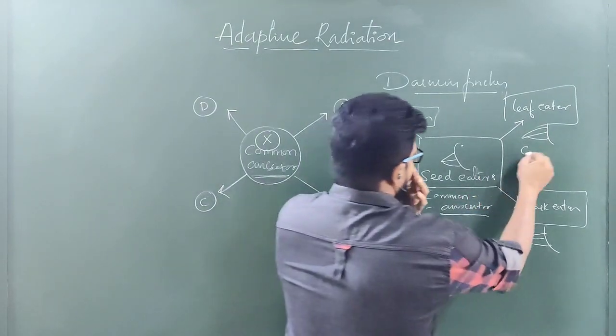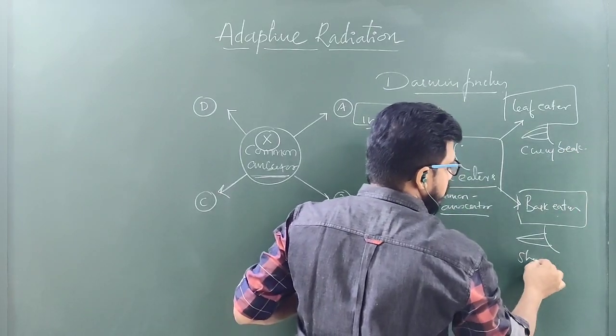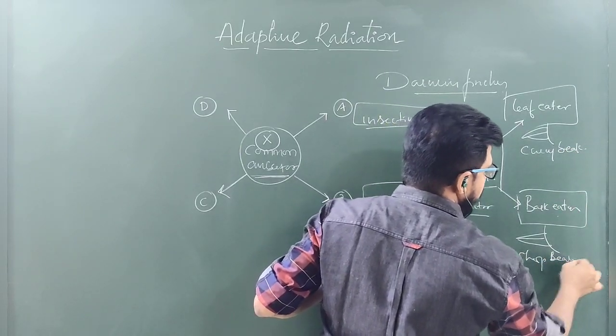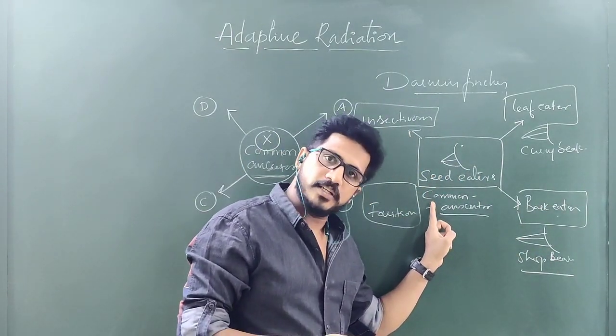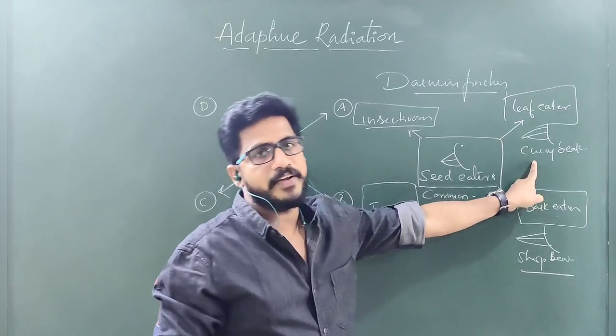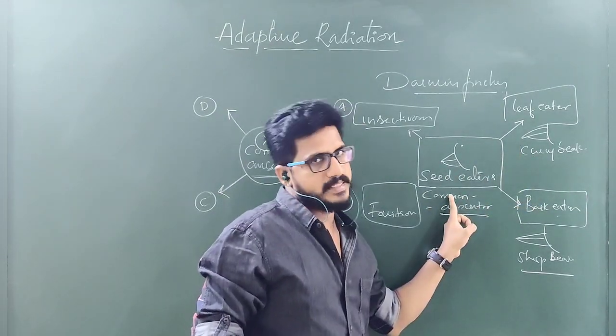This is a curvy beak and this is a sharp beak. The sharp-beaked finch birds evolved from the seed eaters, the original species, and leaf-eating finches also come from seed eaters.